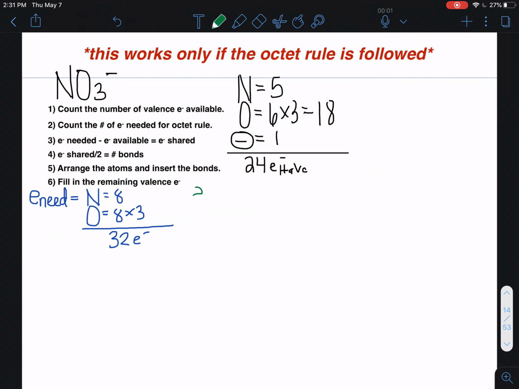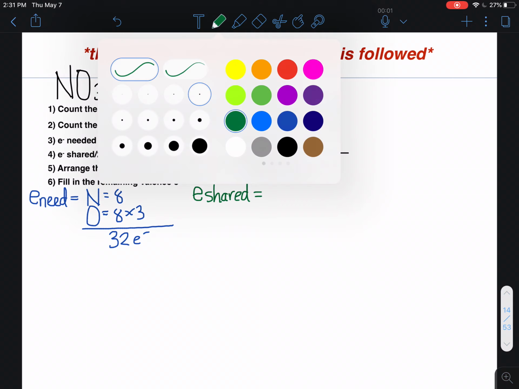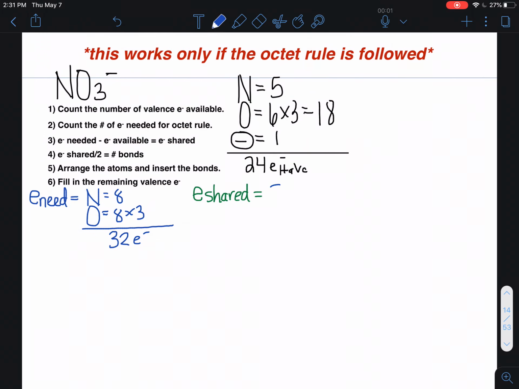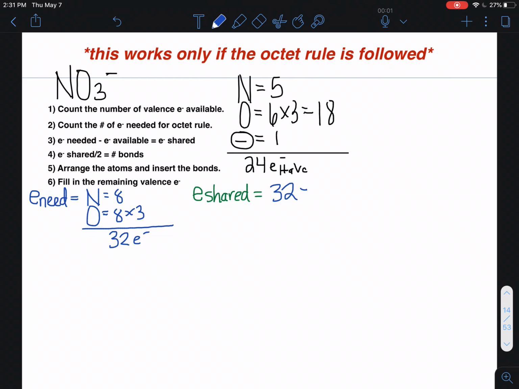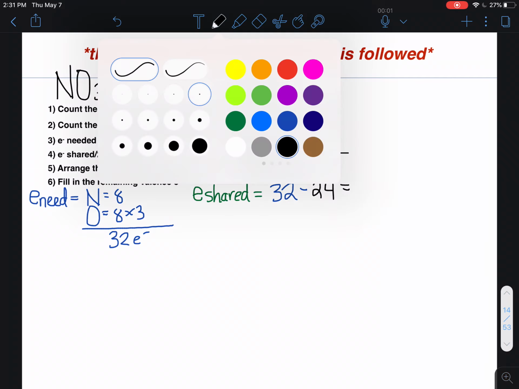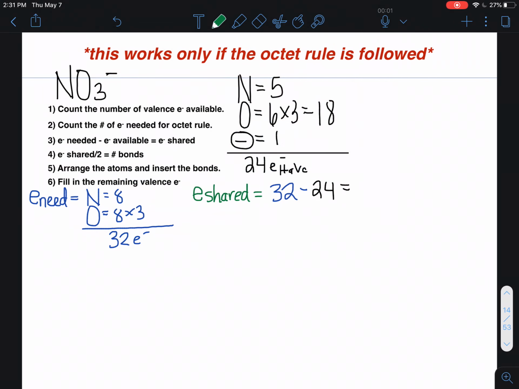So my E shared is going to be E need, which is 32, minus my E have, which is 24. All right, and that is going to equal 8. Okay. So now that we have our, and this is our E shared.